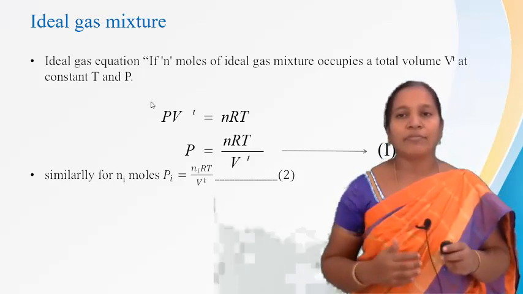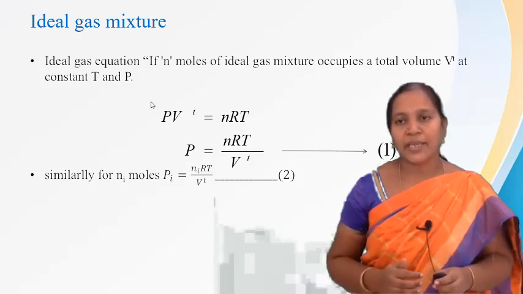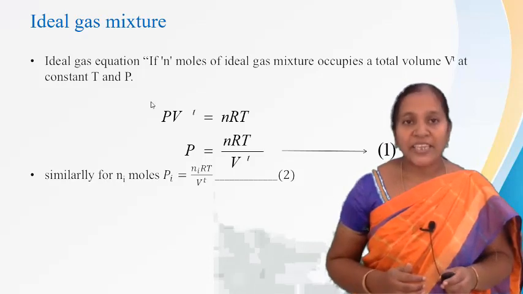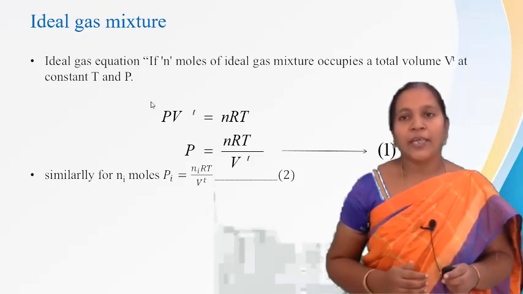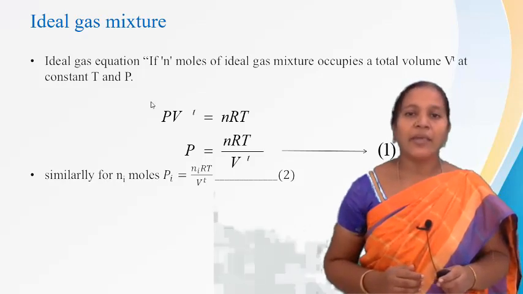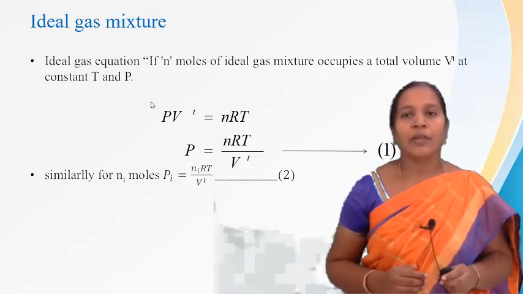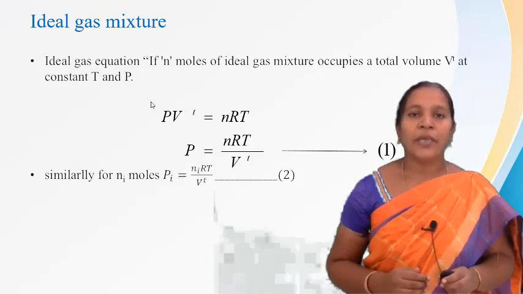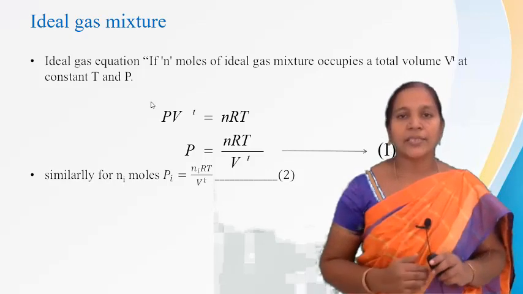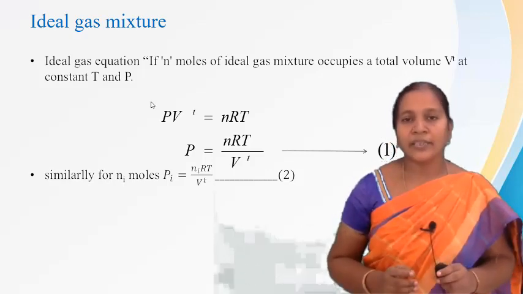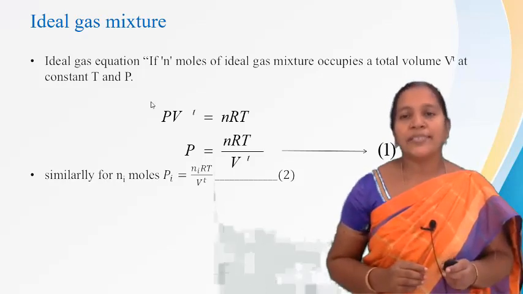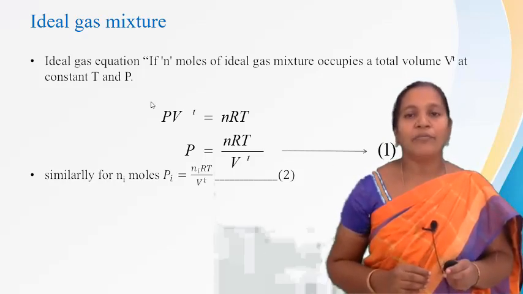If n moles of an ideal gas mixer occupy a total volume Vt at temperature T and pressure P is equals to nRT by Vt, that is PVt is equals to nRT. This is the ideal gas equation. Then taking the term Vt to right hand side of the equation, P is equals to nRT by Vt.